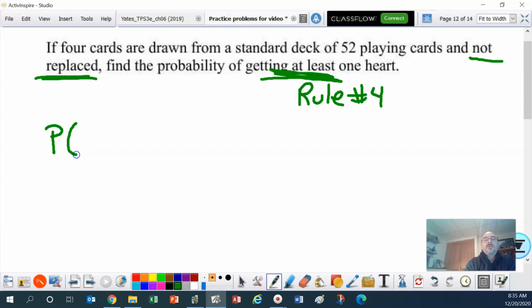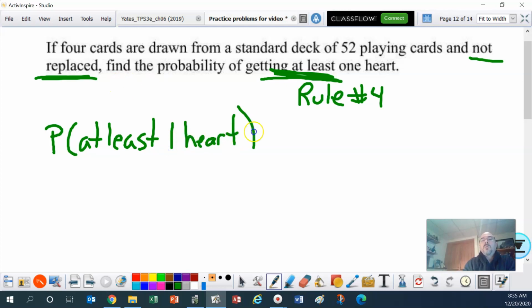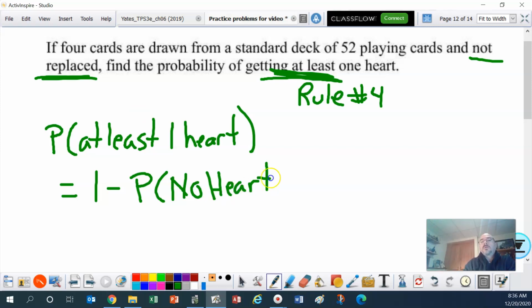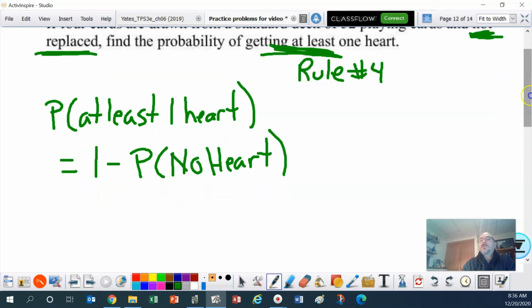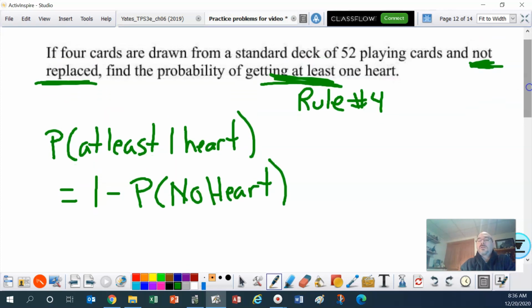So the probability of at least 1 heart, well, the complement of that is going to be 1 minus the probability of no heart. And it's without replacement. Now remember, there are 13 hearts in a deck.